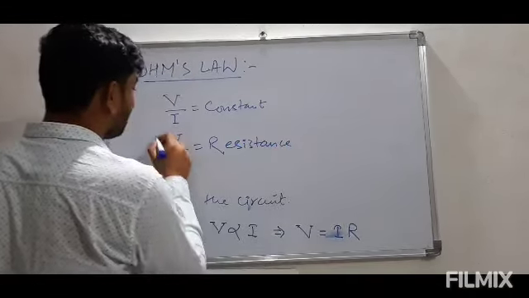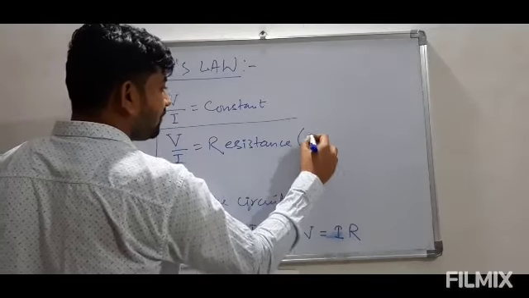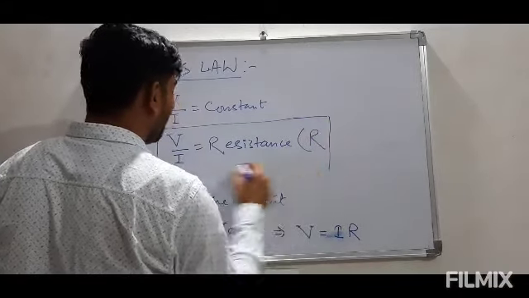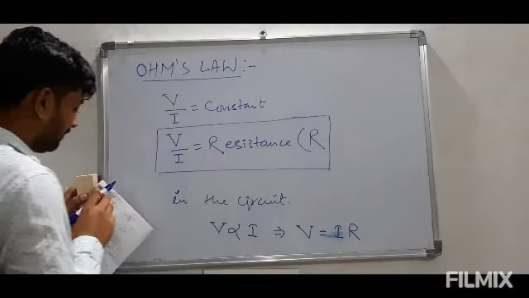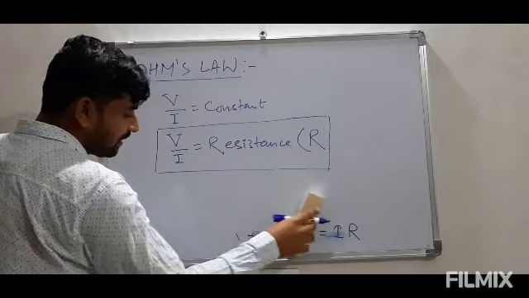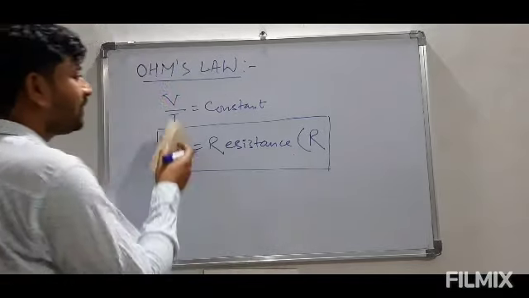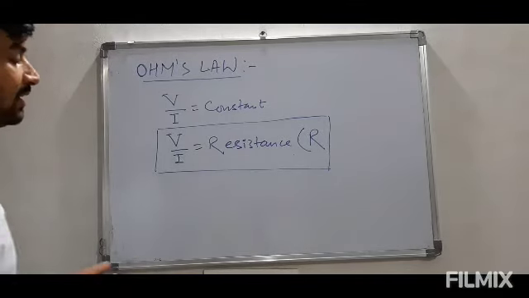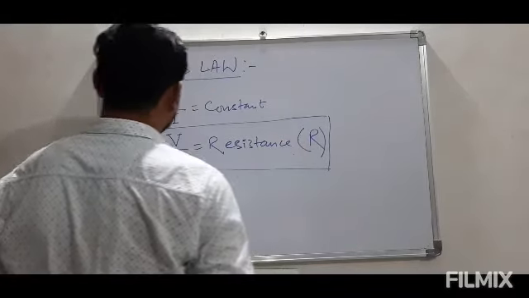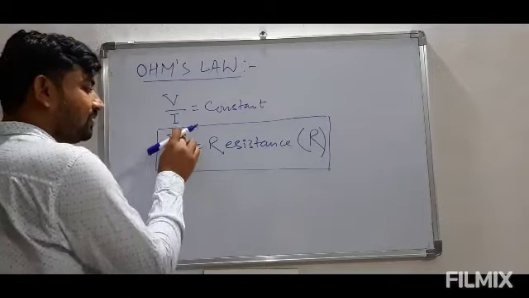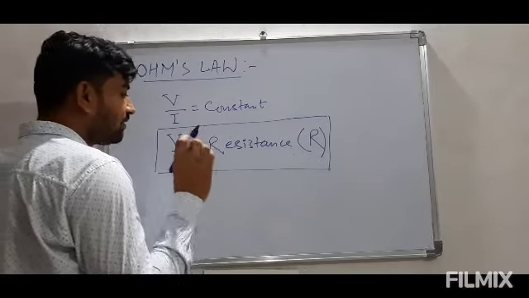This is called resistance, which is denoted by capital R, and the value of this resistance is dependent on temperature. That's why we have written at a given temperature. If the temperature is changed, the value will change. So that is why at a given temperature, this ratio will always be the same.